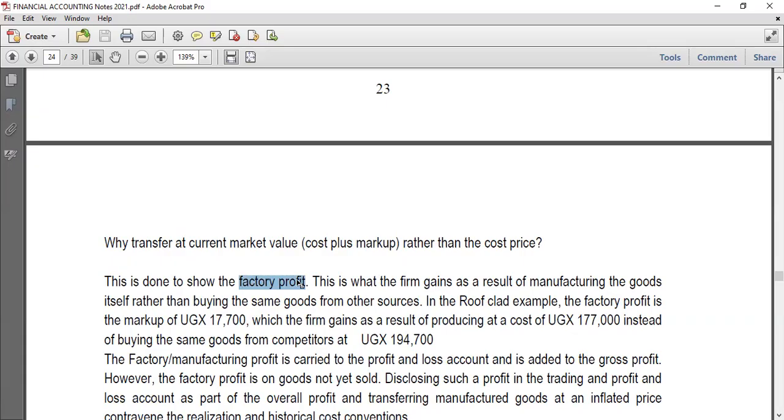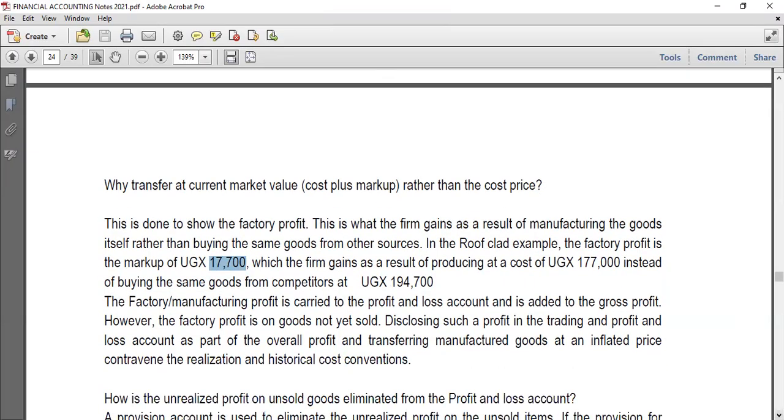Basically, it's like a motivation to the people that are actually producing, okay? So like here, they're trying to indicate, for example, roof cladd's example, since their markup is 77, it means that the company is actually gaining more from producing than actually buying from the competitors, okay?